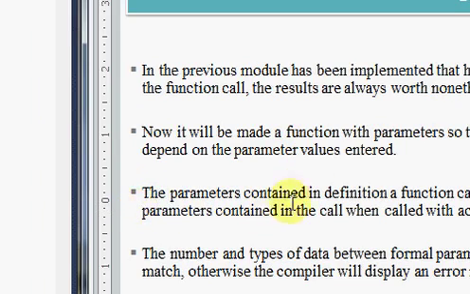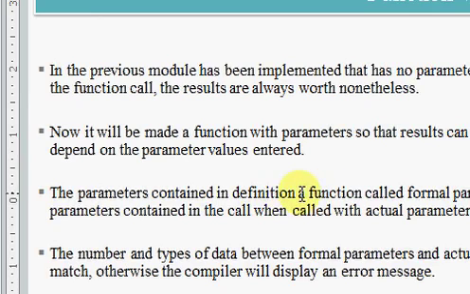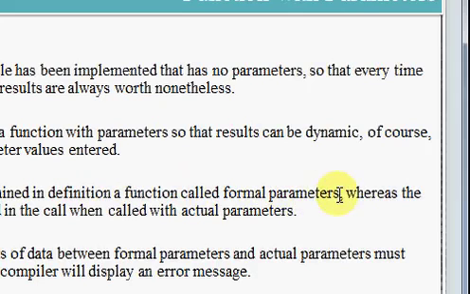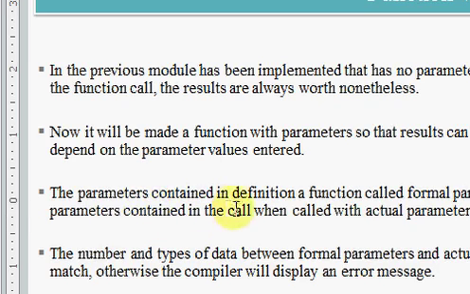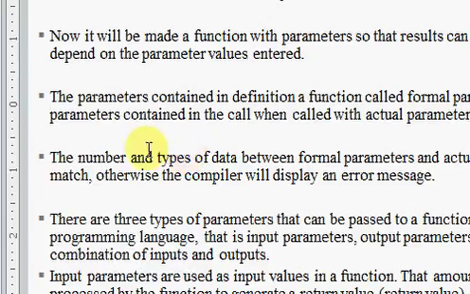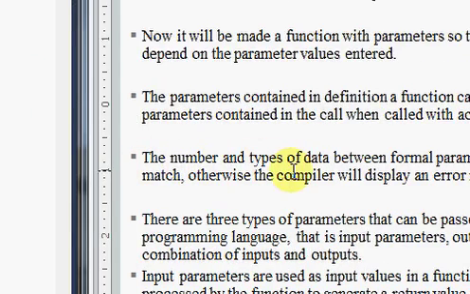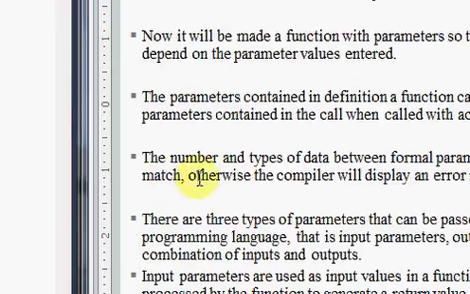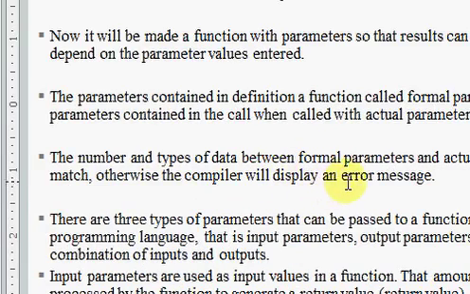The parameter contained in the definition of a function is called the formal parameter, while the parameter contained in the call is called the actual parameter. The number and type of data between the formal parameter and the actual parameter must match. Otherwise, the compiler will display an error message.